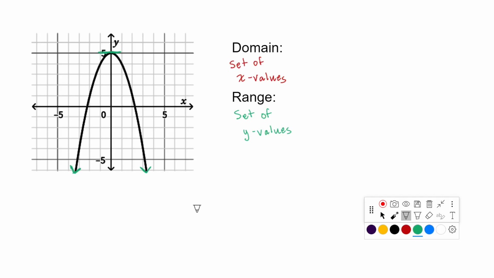As I look at this graph, it appears that from its maximum point, it is getting wider as it goes down further. So the further down it goes, the wider it gets.